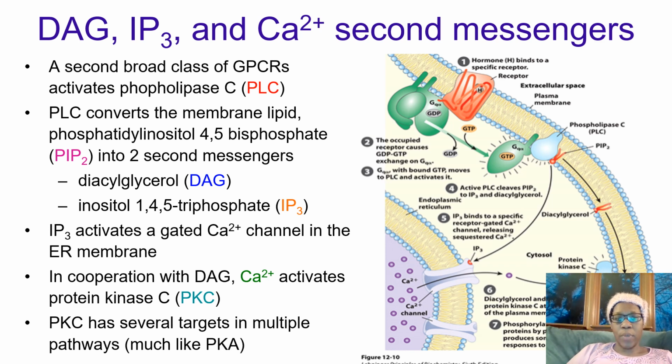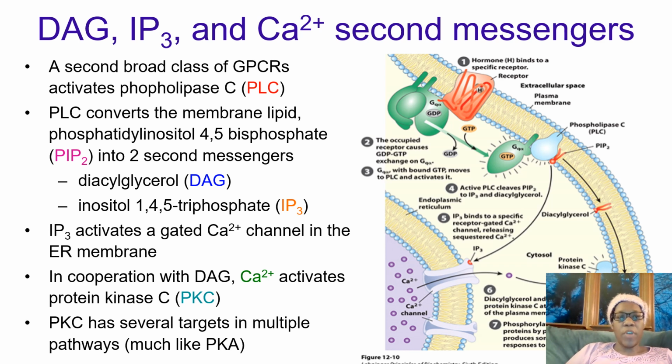That calcium is going to activate protein kinase C. So the release of calcium is going to activate protein kinase C as well as the diacylglycerol that's already produced from the lipase. What happens when you activate the kinase? They phosphorylate. So we're going to see the phosphorylation of many other target enzymes, and they're going to activate other pathways that are going to cause a response in the cell.